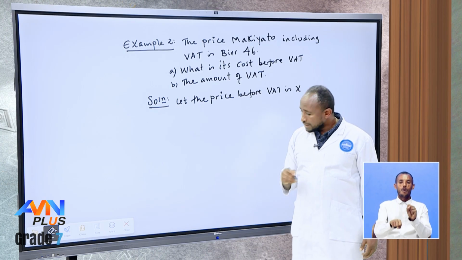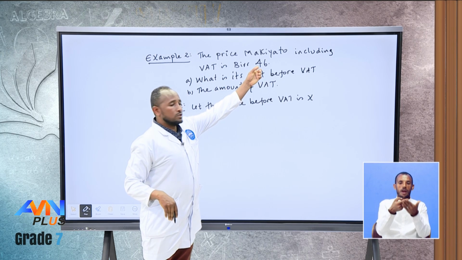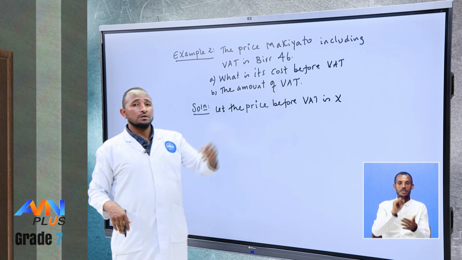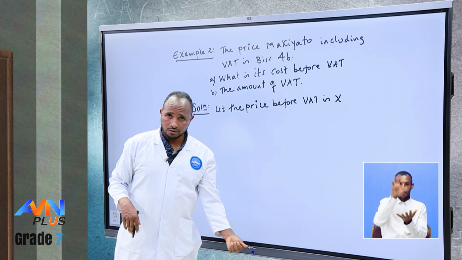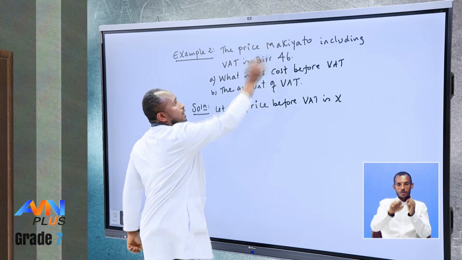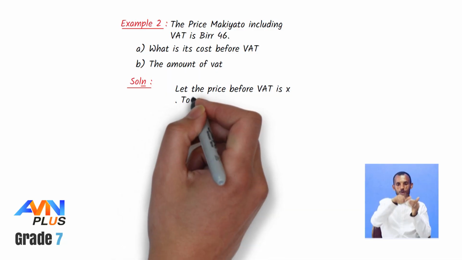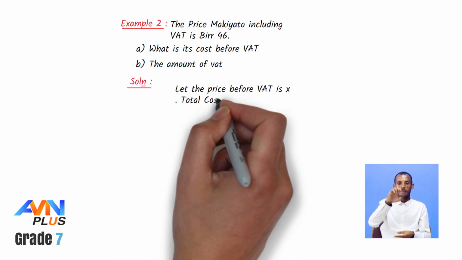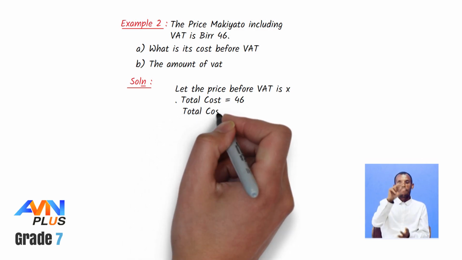So the next step is, this cost 46 is the original cost including VAT. So the total cost is given: the total price is 46.